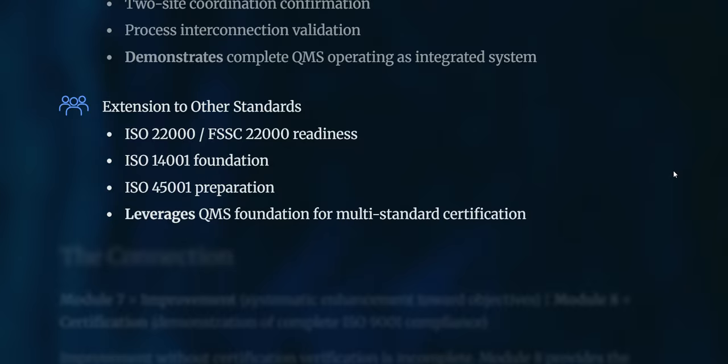Then we will cover extension to other standards as planned, which include ISO 22000 or FSSC 22000 readiness, ISO 14001 foundation, and ISO 45001 preparation, which will leverage the quality management system foundation for multi-standard certification.